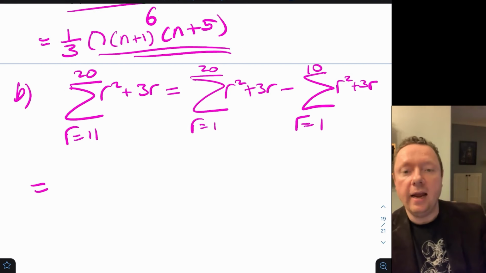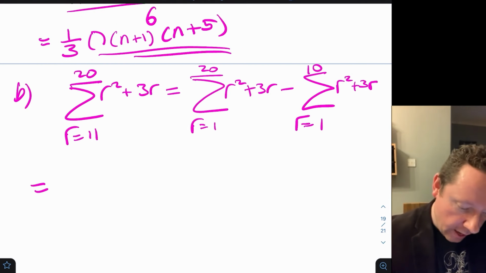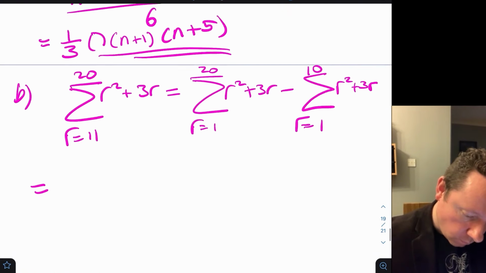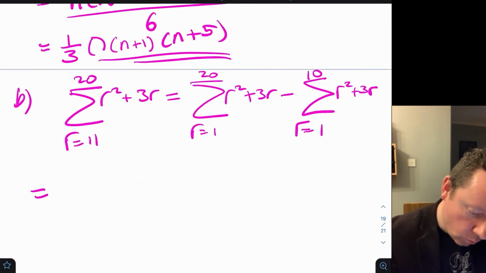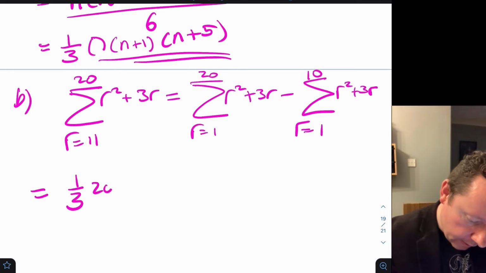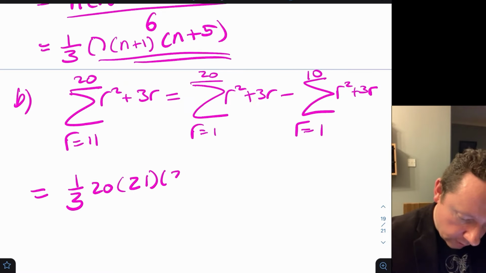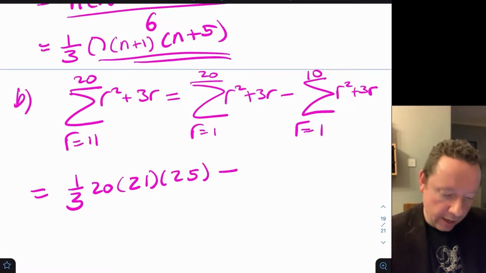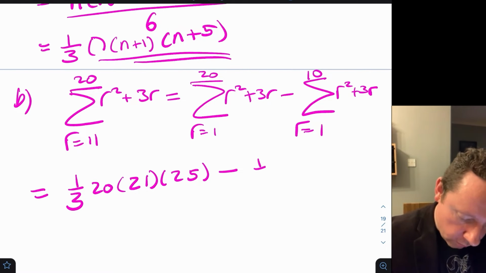And we've got a third n plus 1, n plus 5 for r equals 1 to n. So n is 20 in the first one, so we've got a third of 20 times 21 times 25, minus, and then our n equals 10, so we've got a third of 10 times 11 times 15.